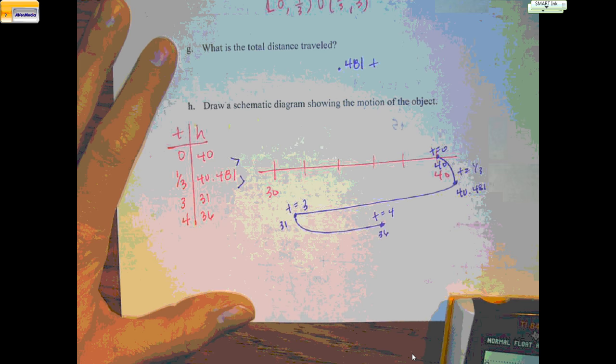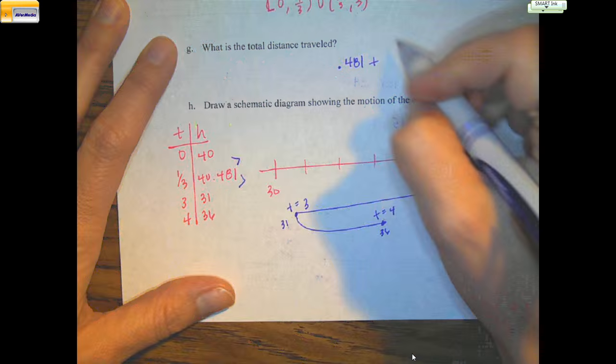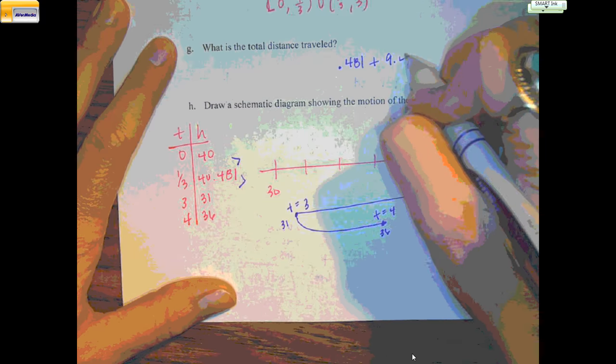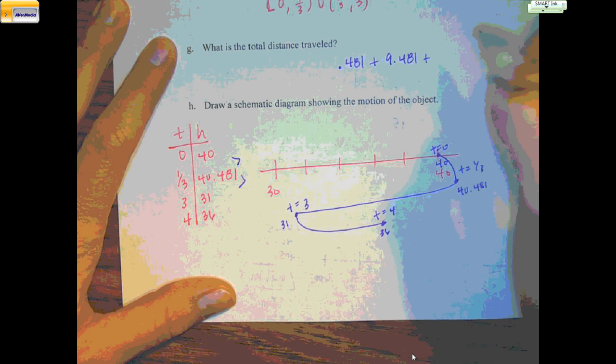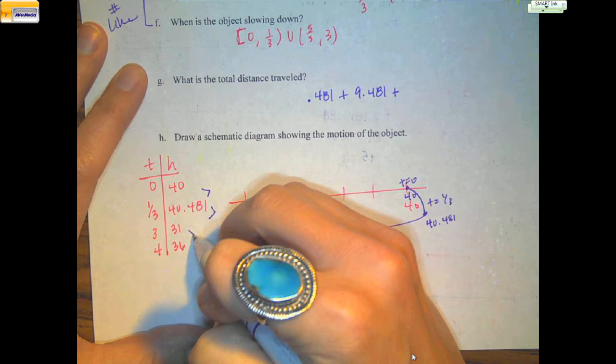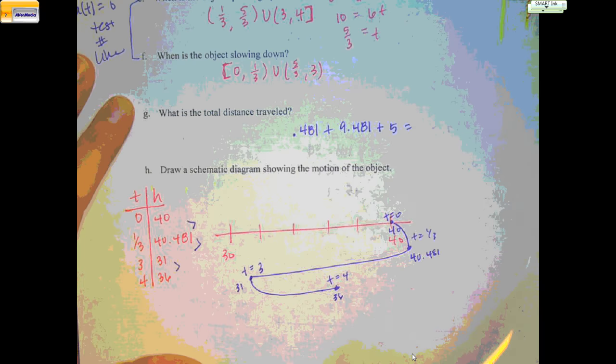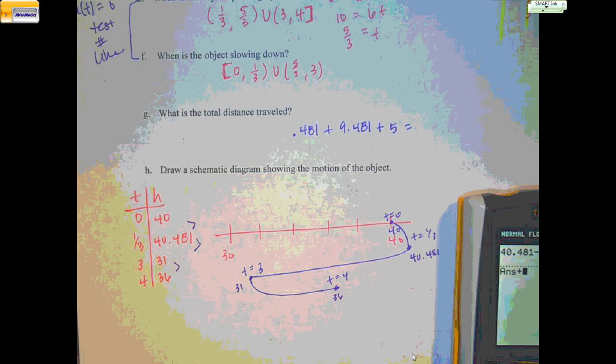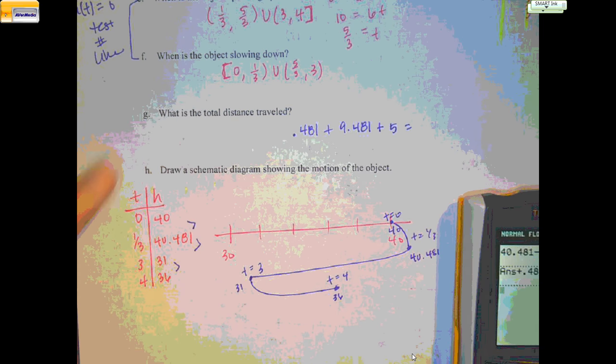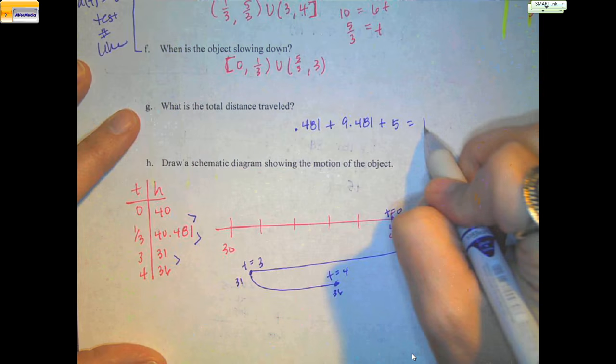So I'm going to take 40.481 minus 31, and that is 9.481. Plus the distance between 31 and 36, which is 5. And add all those together. We got 14.962 inches.